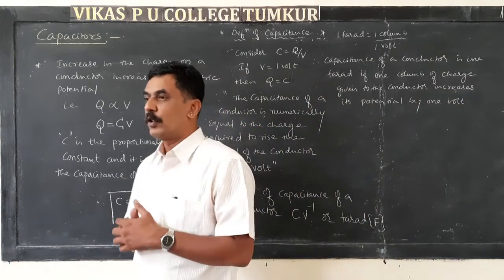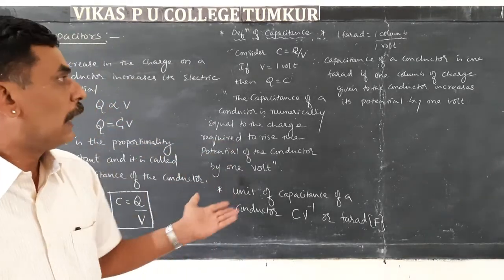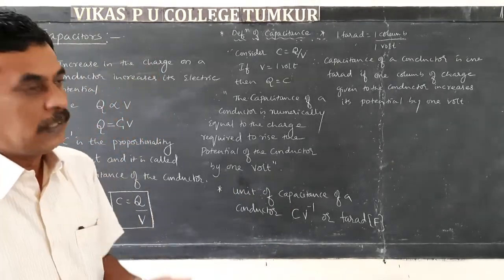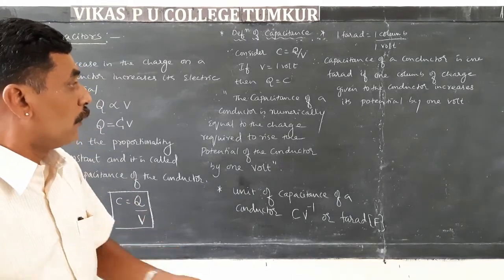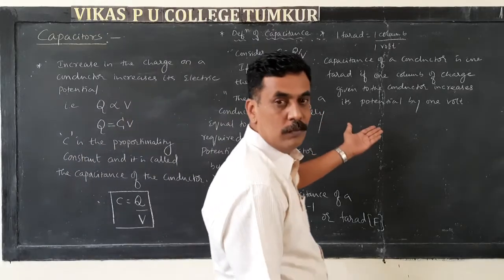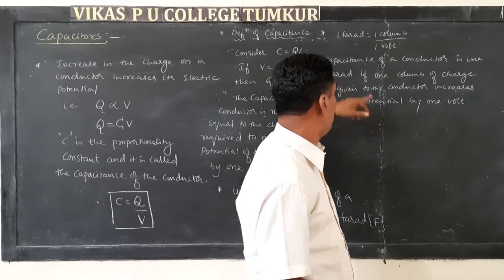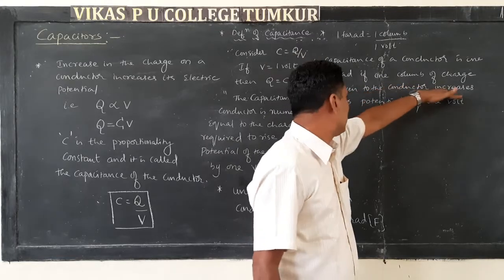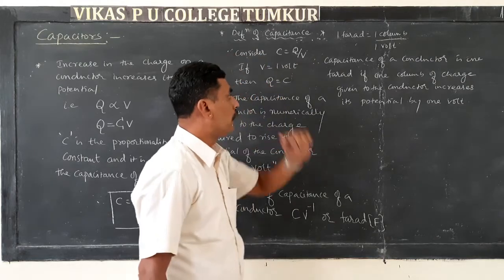If 1 coulomb of charge is given and its potential increases by 1 volt, then its capacitance is 1 farad. Or you can also say the capacitance of a conductor is 1 farad if 1 coulomb of charge removed from the conductor decreases its potential by 1 volt. Simple. So, no confusion, remember this definition.